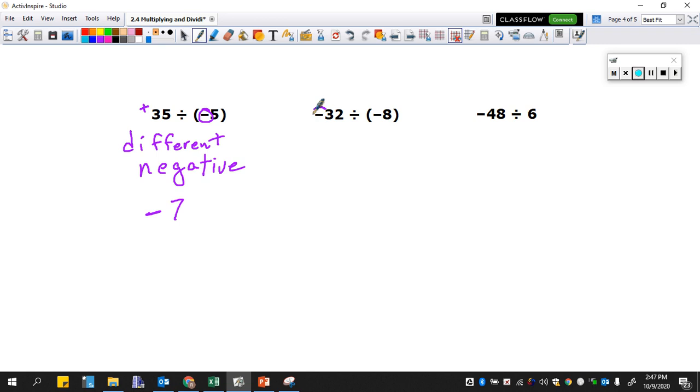Here, negative 32 divided by negative 8. All right, so the signs are the same. That means your answer is going to be positive. And 32 divided by 8 is 4, and it's a positive 4.